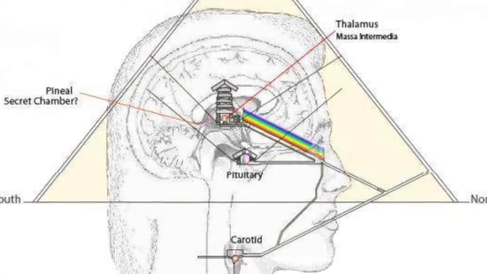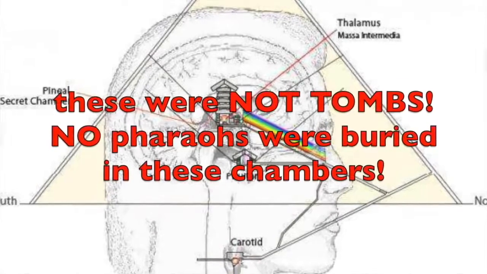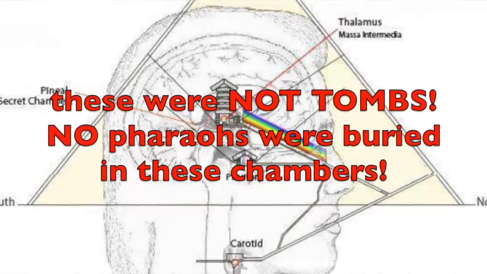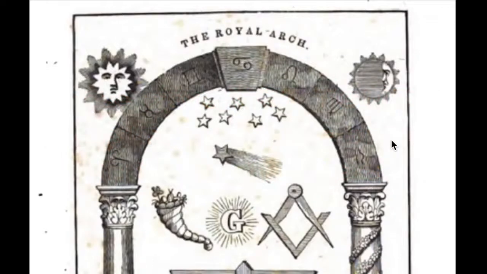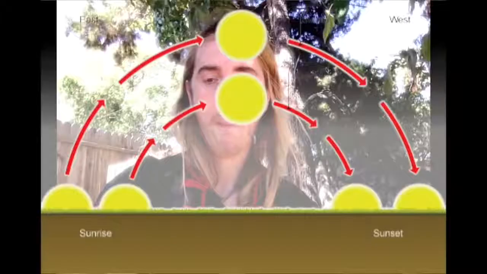So again, that's why it's called the King's and Queen's chamber, and why it's the Royal Arch. Later on in the video, I'll explain more about why it's royal and how it relates to royalty, to the pharaoh, the king cobra, the king serpent, the basilisk, which means king serpent. I'll cover that in depth later throughout the video.